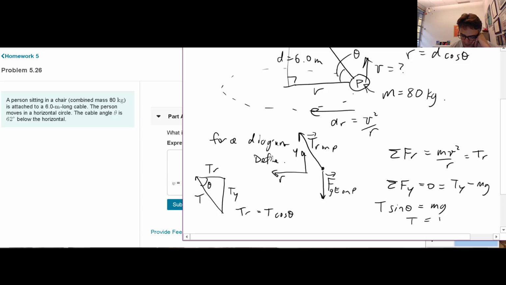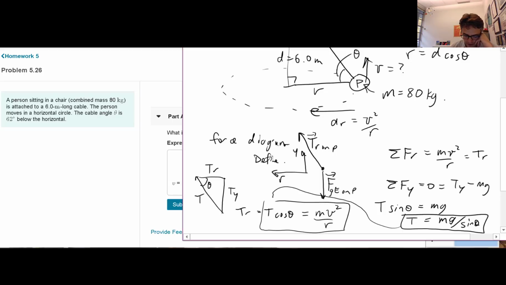So T is equal to mg divided by sine theta. So we've got a value for T, which we can plug into T_r. T cos theta is going to be equal to the mass times v squared over r. So we've got these two equations, and we can plug this equation for T into this equation for the radial direction.